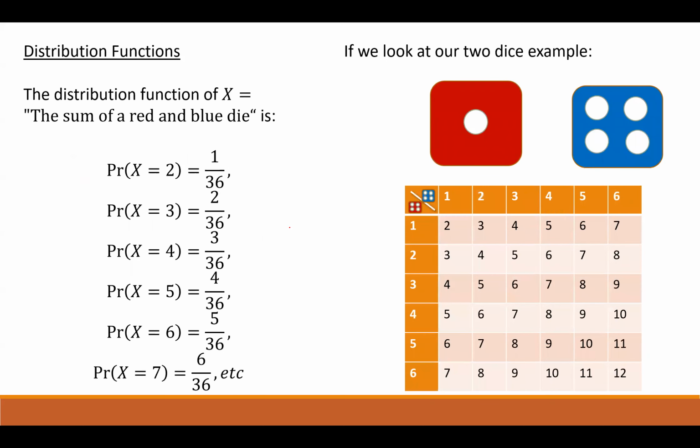For instance, if we roll 2 dice and our random variable X is the sum of the red die and the blue die, and I look at all of the events that span the entire sample space, then I have a probability function.